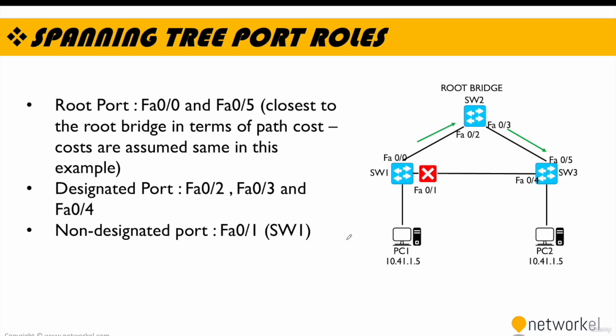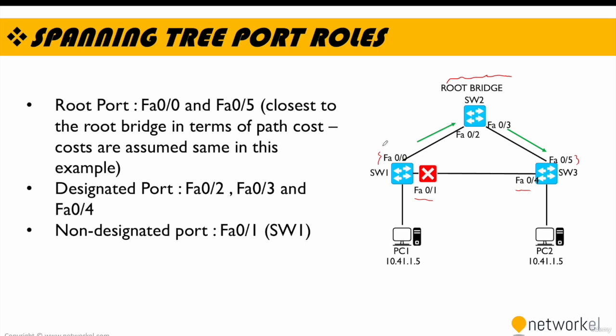So let's have a look at the topology that you are seeing on the screen. I have my root bridge in here, that is switch 2. Okay, so I have my Fast Ethernet 00 and Fast Ethernet 05, Fast Ethernet 04 and Fast Ethernet 01 ports of switch 1 and this switch 3.